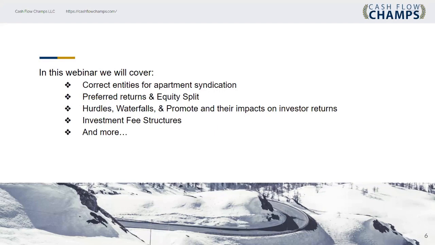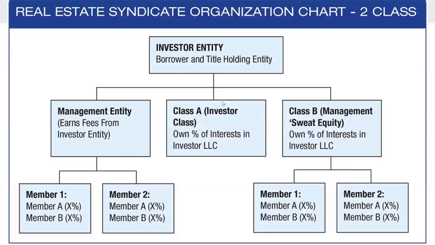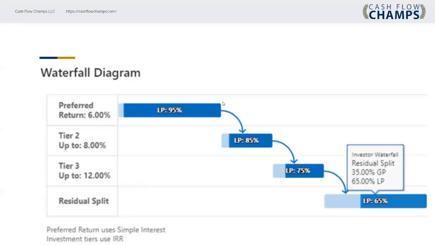Waterfalls and promote, right? Let's talk about that. Waterfalls are the way that profit flows to the partnership. Just think of a waterfall in which the water flows from the top to another level below, at which point it pools and then flows to the next level below, and so on.